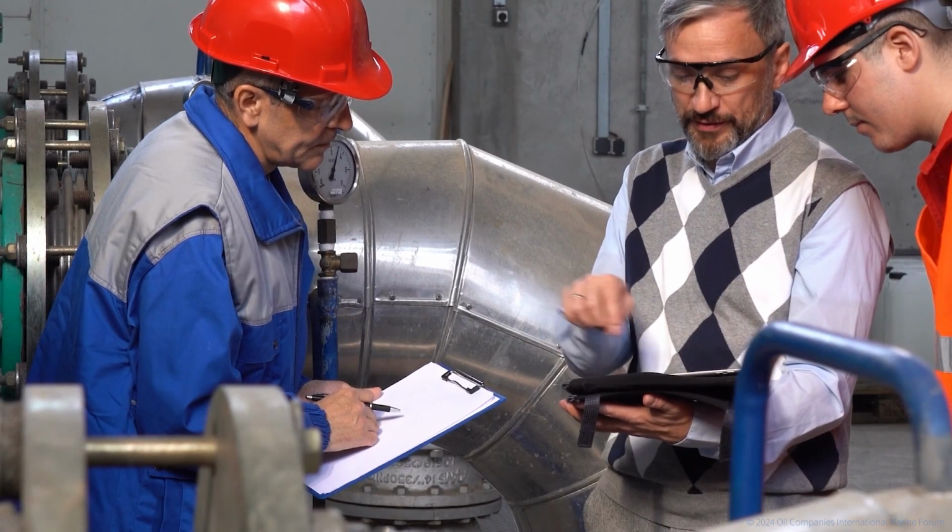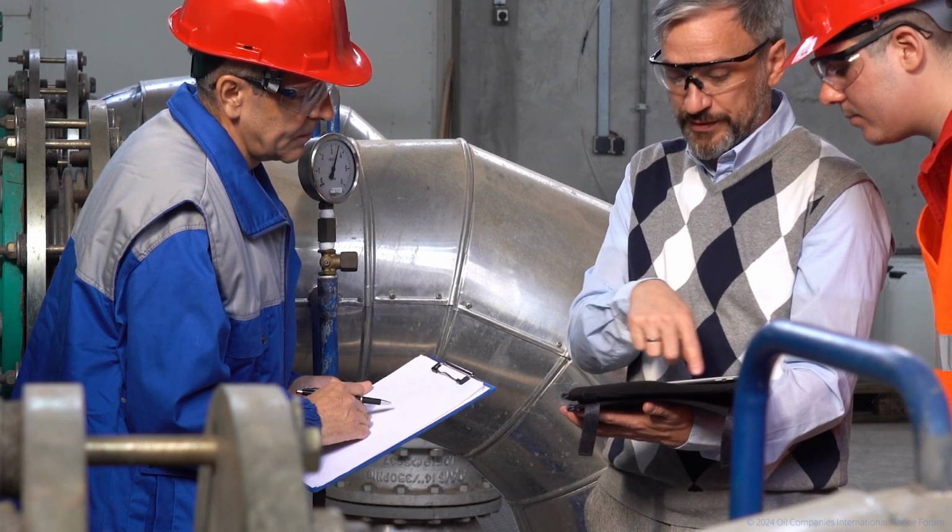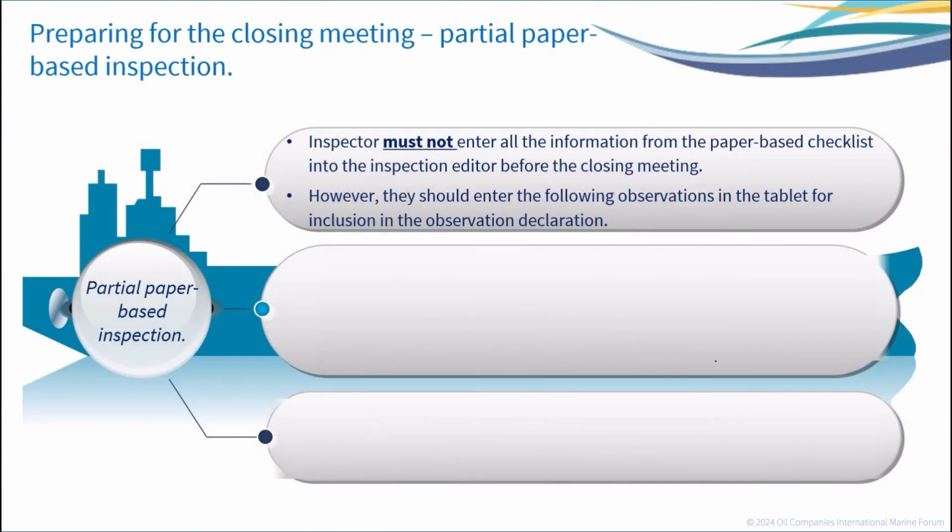By now, the inspector would have completed their full or partial inspection. A partial paper-based inspection would have been started using the tablet editor up until the point where this is no longer possible, and a paper-based inspection should be continued for the rest of the time on board the vessel.